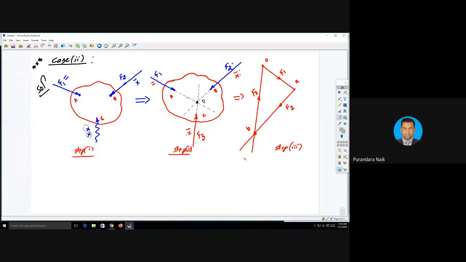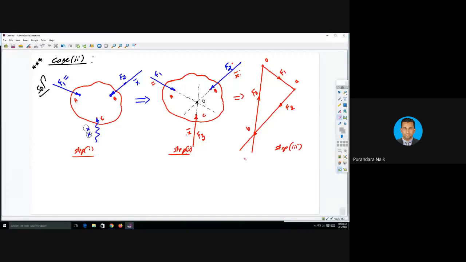draw lines parallel to the lines of action of the forces F2 and F3, forming a force triangle.